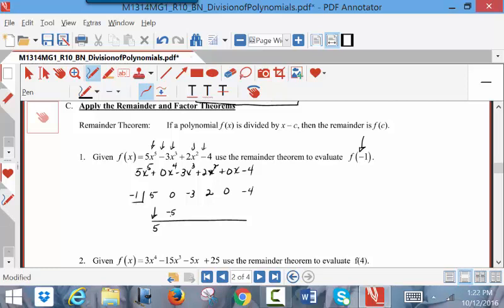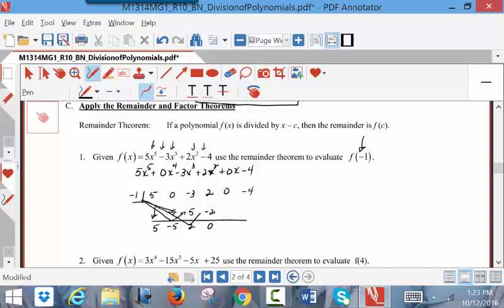Now add. 0 plus negative 5 is negative 5. Multiply. Negative 1 times negative 5 is a positive 5. Now add. Negative 3 plus 5 is 2. Multiply. Negative 1 times 2 is negative 2. Now add. 2 plus negative 2 is 0.